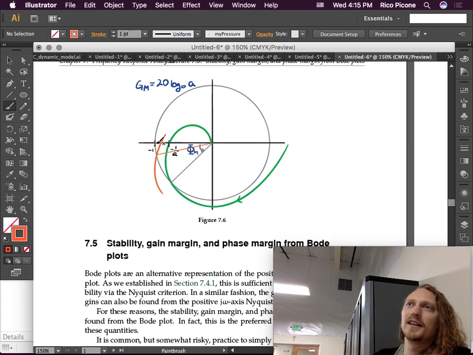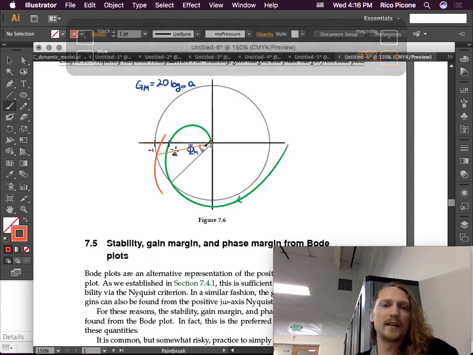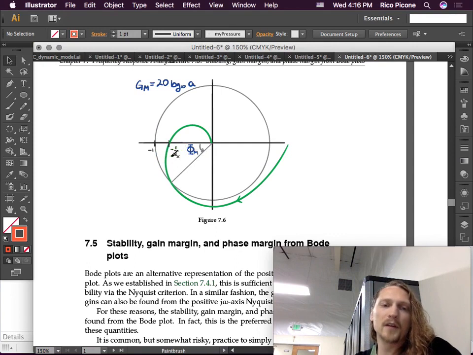Well, if you know the gain margin, and it's easy to get from here, why would you even need to know the phase margin? So one way, let's say that we had a gain margin, I'm going to delete the orange one here. I'll draw two systems with the same gain margin and with different phase margins.